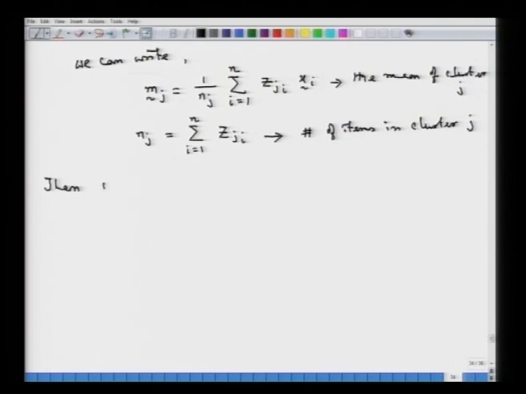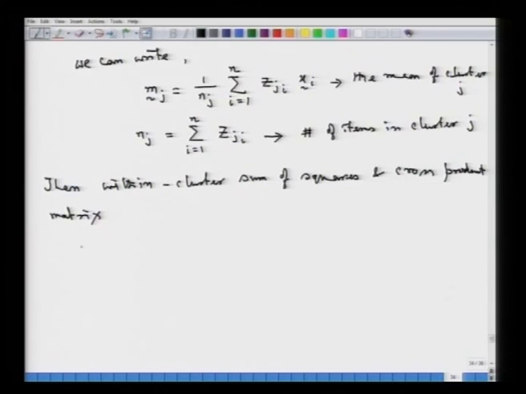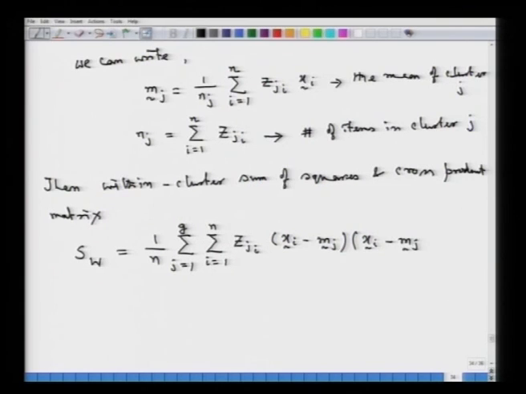Then we can define the following quantities: the within cluster sum of squares and cross product matrix is going to be given by say S w, which is equal to 1 upon n, and we will still use that indicator function, summation j equal to 1 to g, the number of clusters, and i equal to 1 to n, z j i, the indicator, times x i minus m j, where m j is the cluster center for the jth cluster, times x i minus m j transpose.